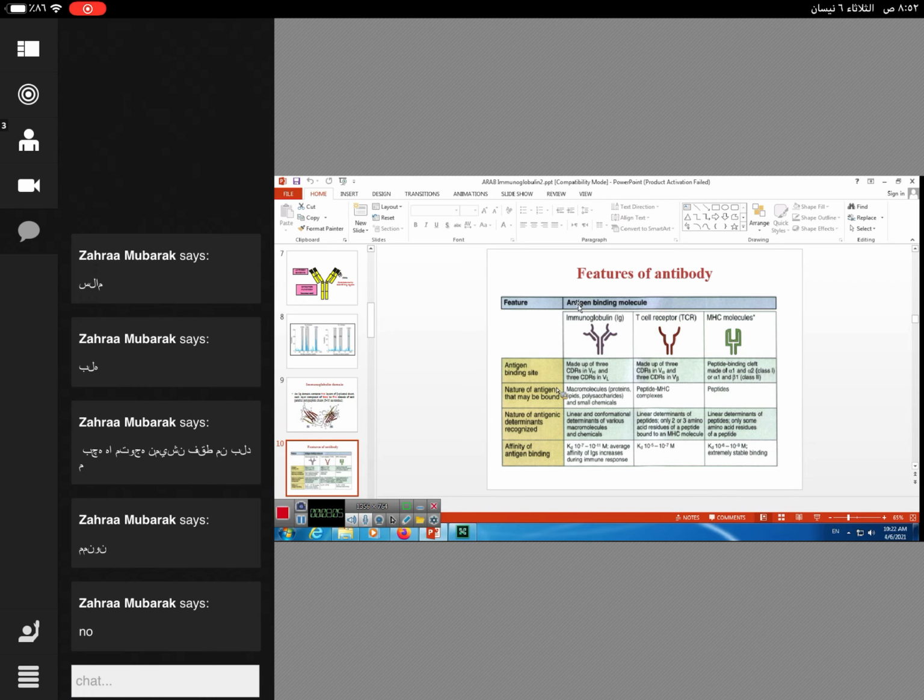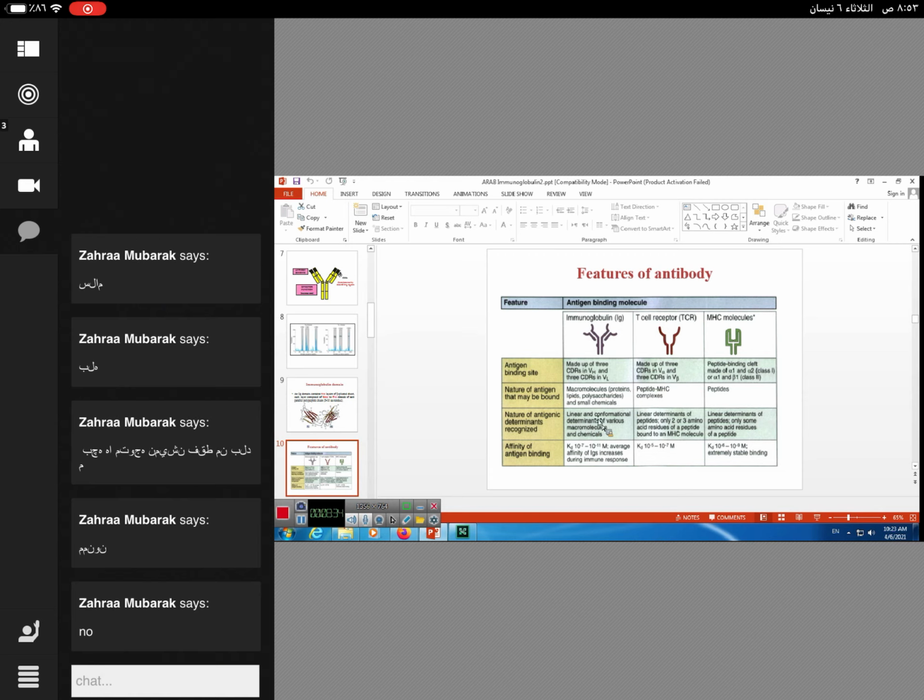So, antibody binds to different molecules: protein, lipid, polysaccharide, and small chemical components, while TCR and MHC only bind to protein or peptide. Antigenic determinants are linear or conformational.